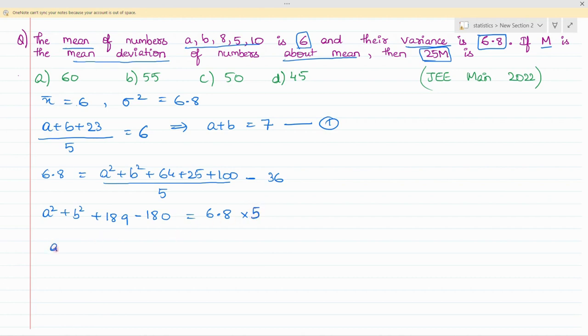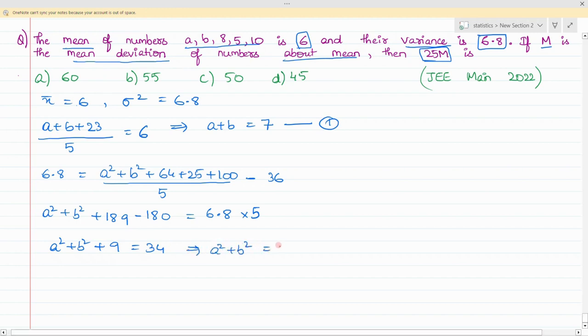So here we'll get a square plus b square plus 9 is equal to 34. So from here a square plus b square will be 25.